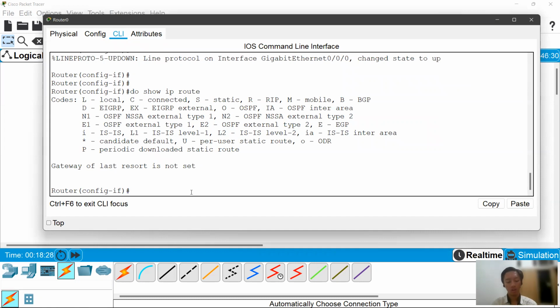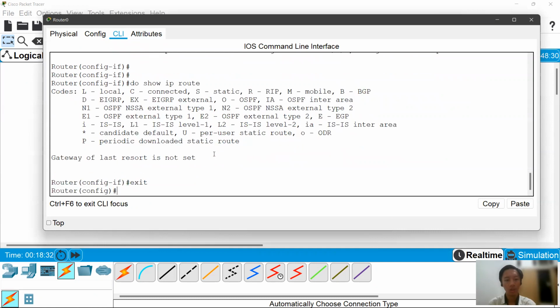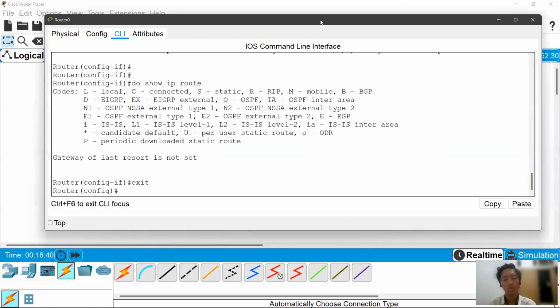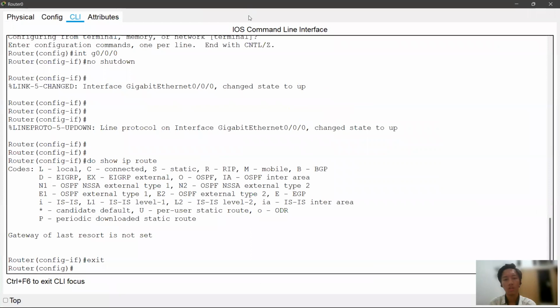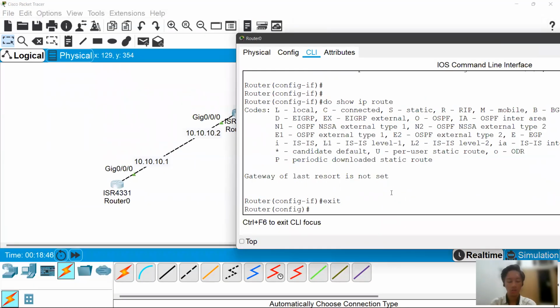If you want to look at the IP in your router, you can use the command show ip interface brief.